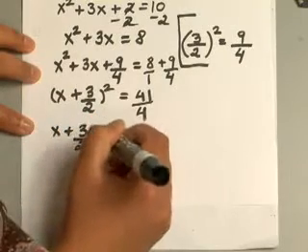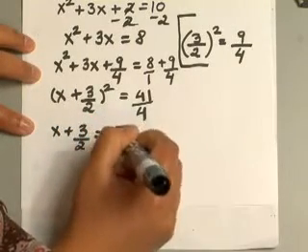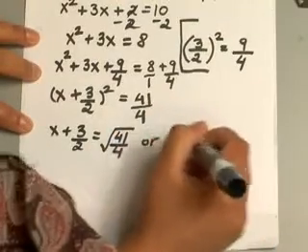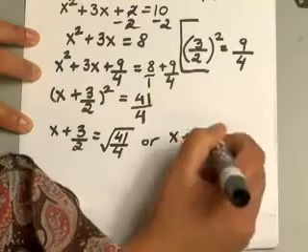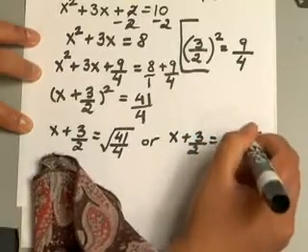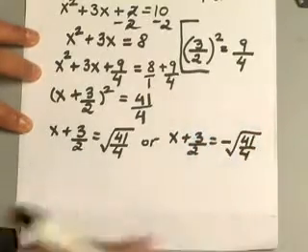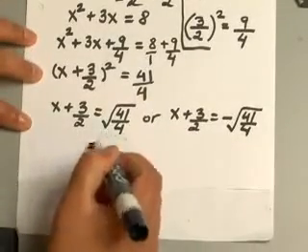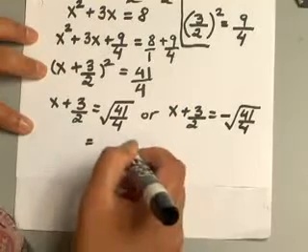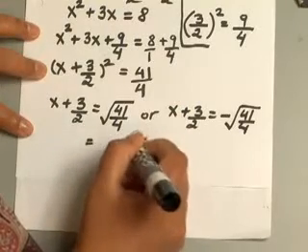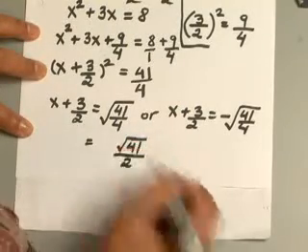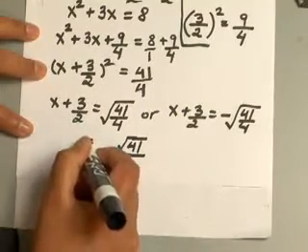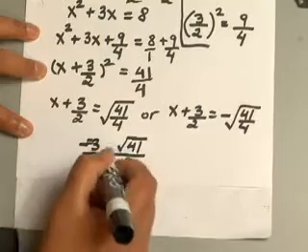the square root property. So that will give you x plus 3 halves equals positive square root of 41 over 4, or x plus 3 halves equals negative square root of 41 over 4. So of course you want to go ahead and simplify the 41 over 4, which will become square root of 41 over 2.